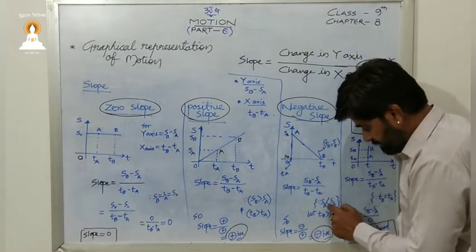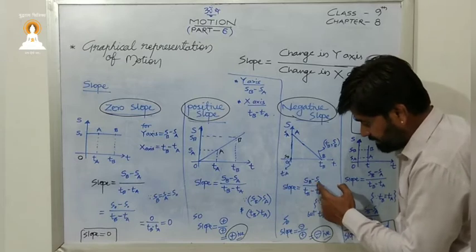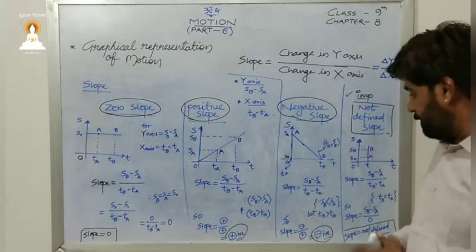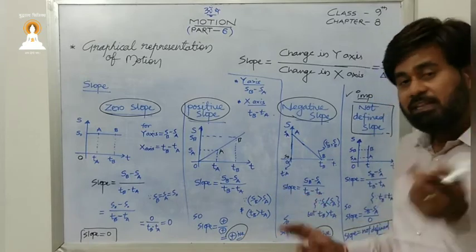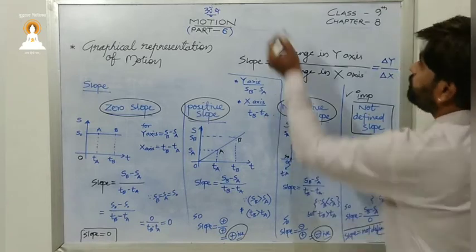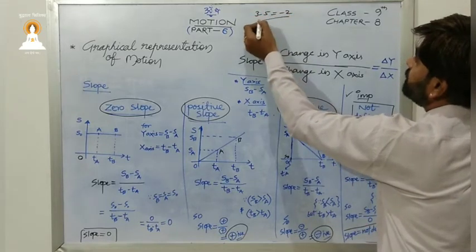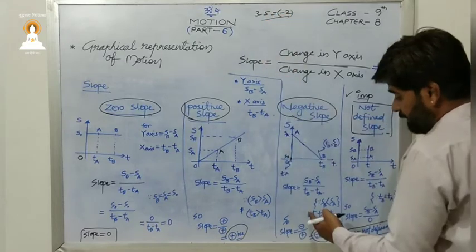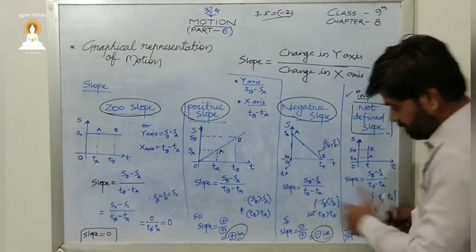So SB minus SA will be a negative quantity, because this time we are doing 3 minus 5, which will be minus 2. So because SB is less than SA, this difference will be negative.